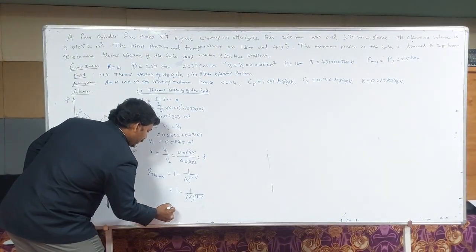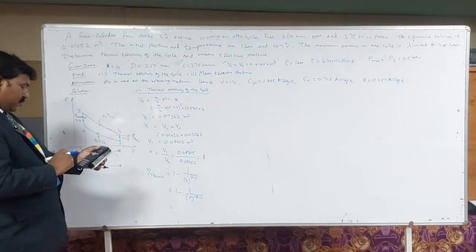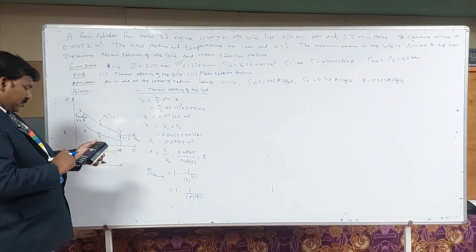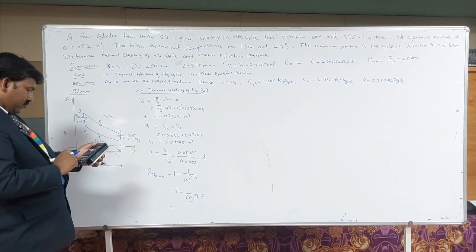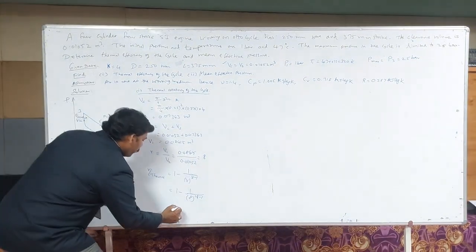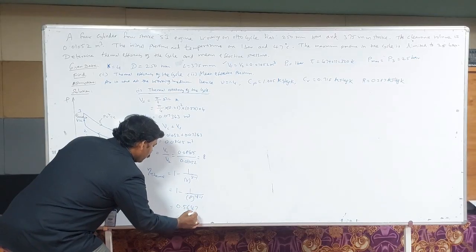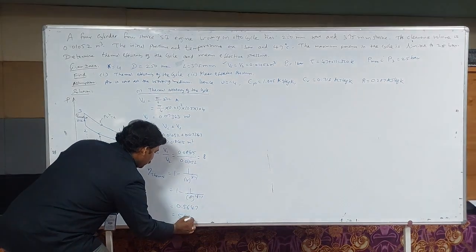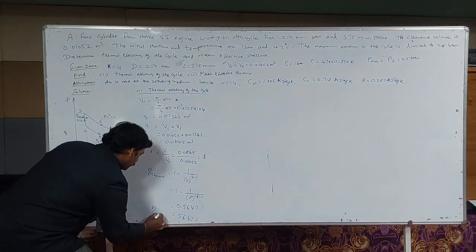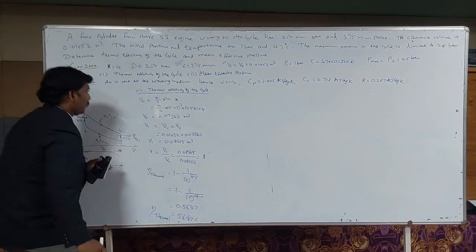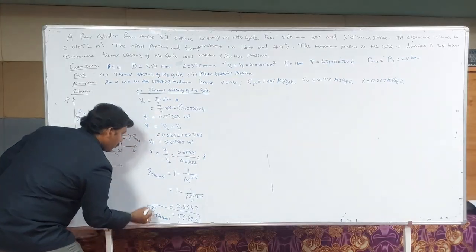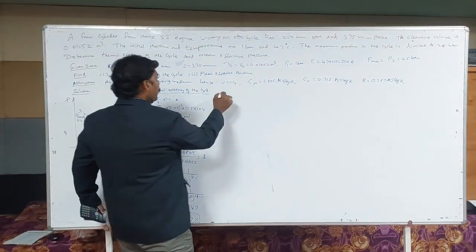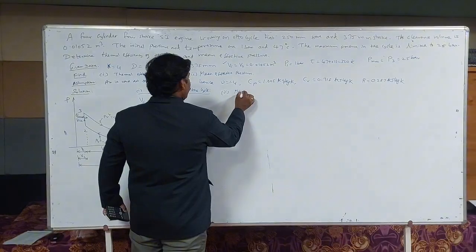So 8 power 0.4, so we get 56.5647, that is 56.47% is the thermal efficiency. Okay, so this is the one answer we get. Now we have to find case 2, mean effective pressure.